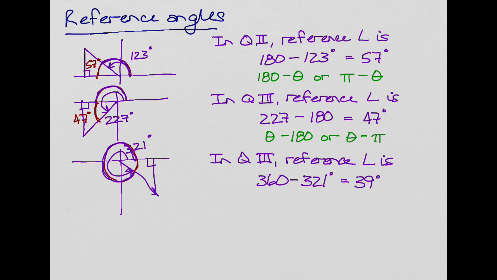So the part inside the triangle, my reference angle is 39 degrees. In general, for quadrant 4, I can take 360 degrees minus my original angle, or if you're in radians, 2 pi minus the original angle.